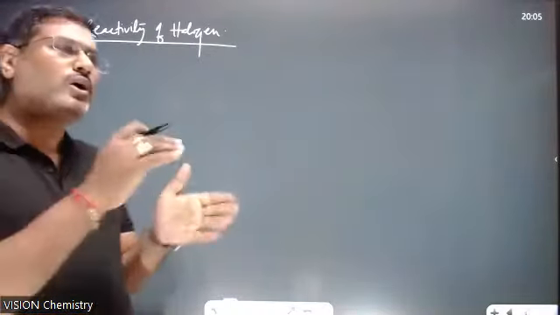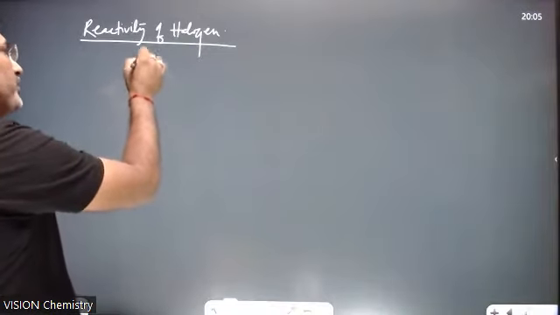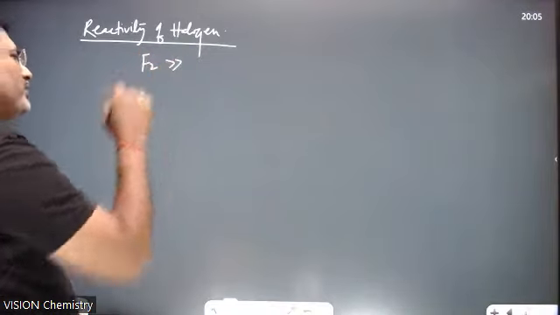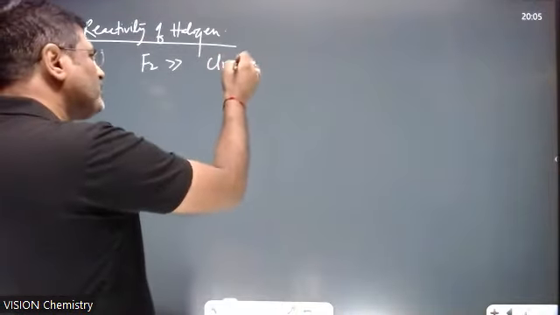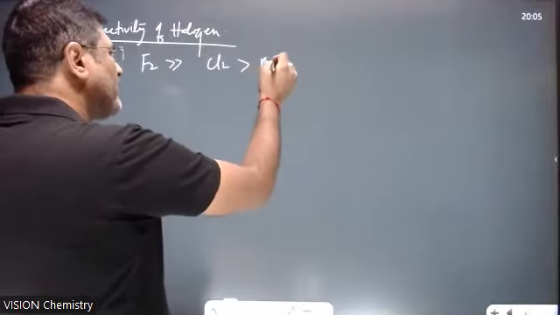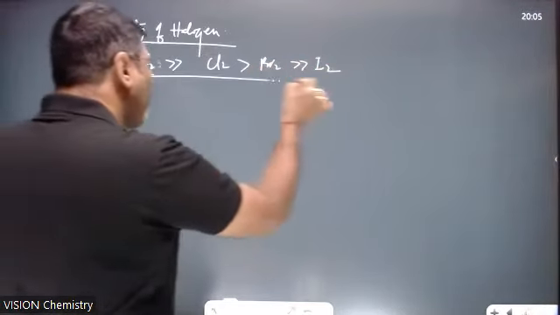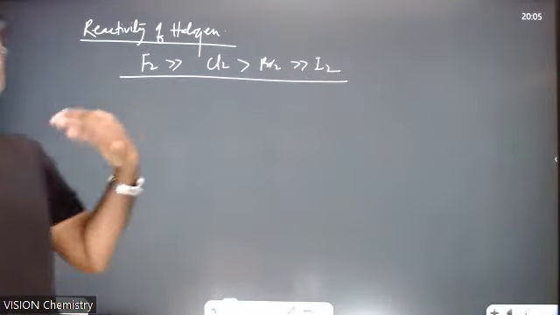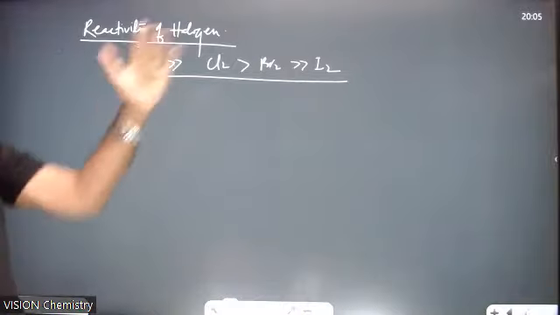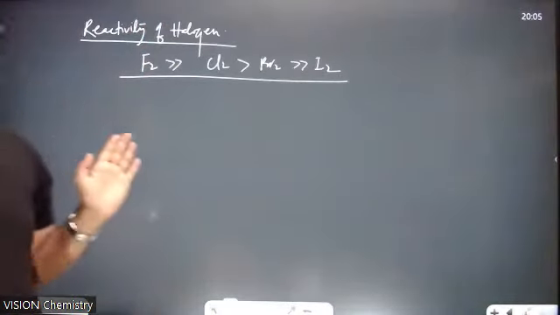Because what we observe is that F2 is very, very reactive. After that, it is the Cl2, then the Br2, again the I2 is deadly slow. F2 very fast, then Cl2, then Br2, then I2. I2 is very slow, F2 is very fast.